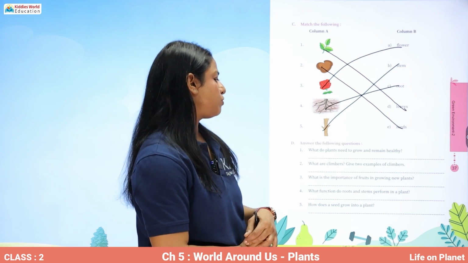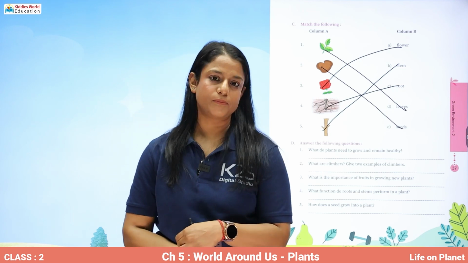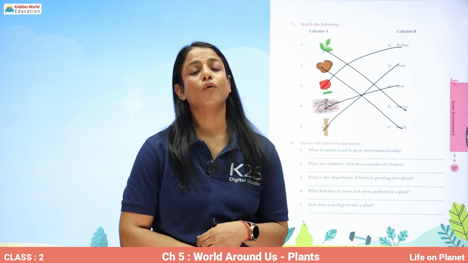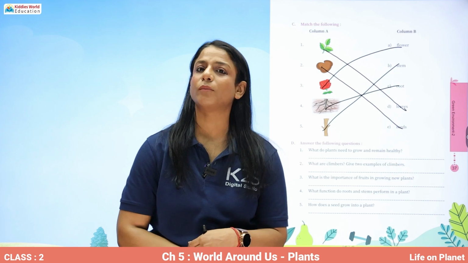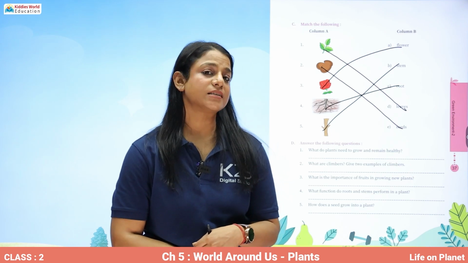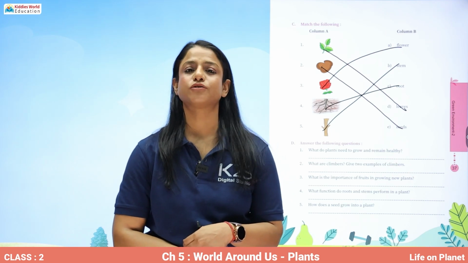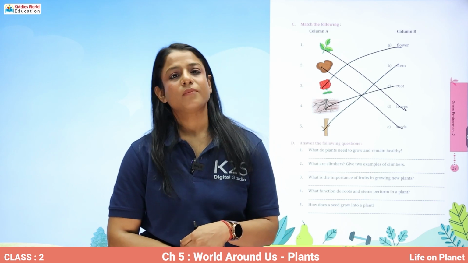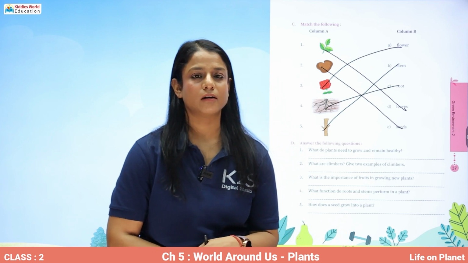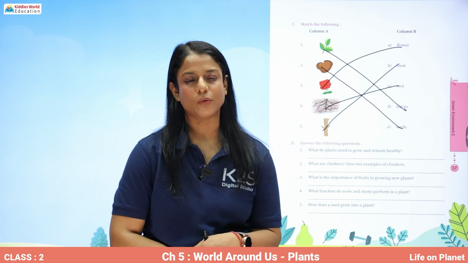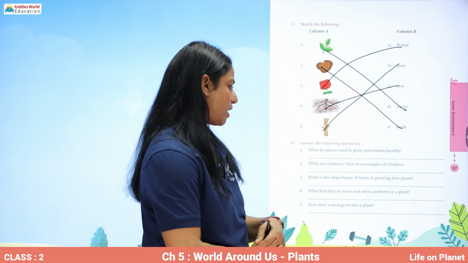What functions do roots and stem perform in a plant? Roots hold the plant upright, also absorb nutrients and water from the soil, and pass water and nutrients to the stem. Stem further transports all the nutrients and the water to different parts of the plant.